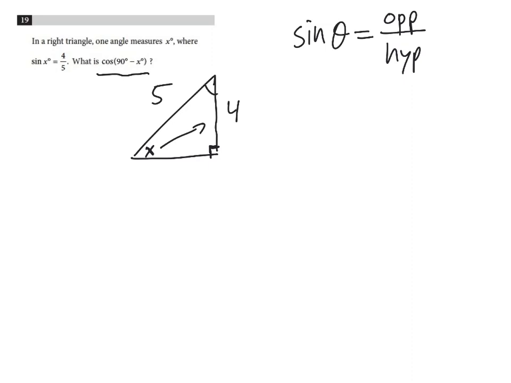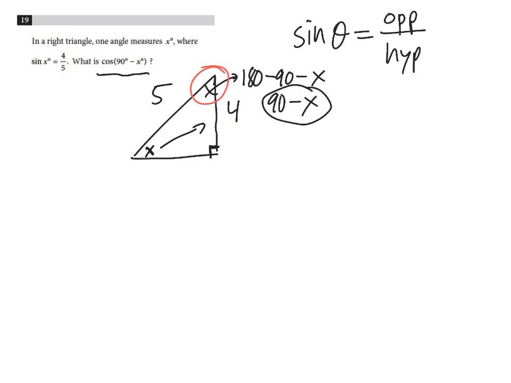Okay, if all the angles add up to 180 degrees in a triangle, then this angle up here must be 180 minus 90 minus x. Well, that's just going to be 90 minus x. Okay, so we're taking the cosine of this angle up here.